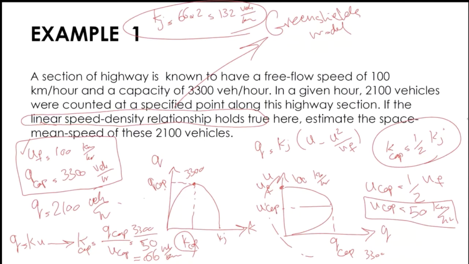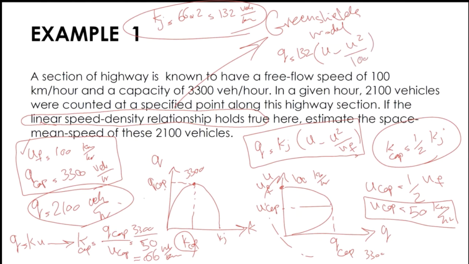Now that I have jam density, I can use the Greenshields model to calculate the speed when flow is equal to 2,100. So if I write this Greenshields model again here, it would be Q is equal to 132 times (U minus U power 2 over the free flow speed), and the free flow speed was 100.